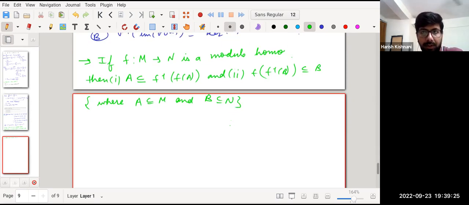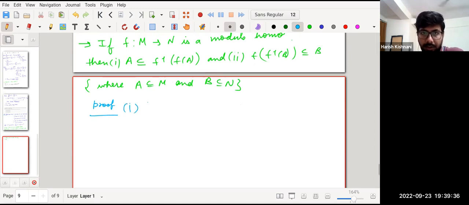Okay, so it is not difficult to see the proof. Part 1: let a belong to A, then you have f of a belonging to f of A, right? And take the inverse of this single element.